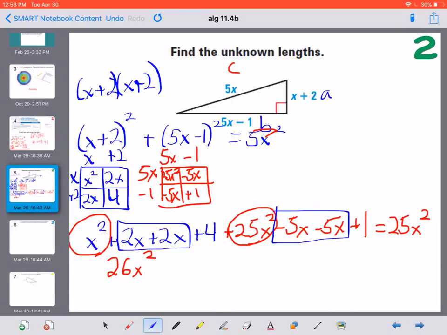So 2x plus 2x is 4x, minus 5x is negative 1x, minus another 5x is negative 6x. And finally, I see 4 and 1. 4 plus 1, that's 5, equals 25x squared.